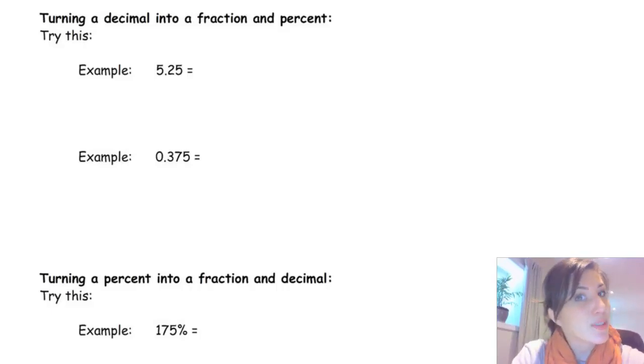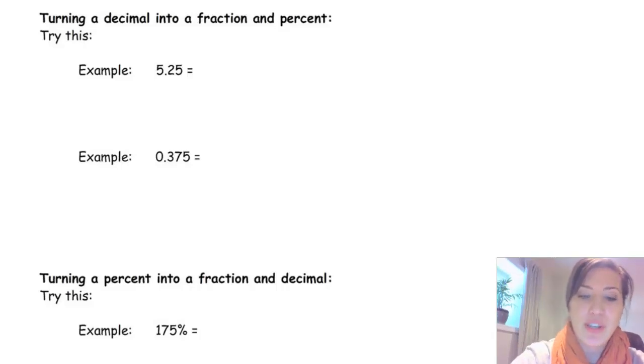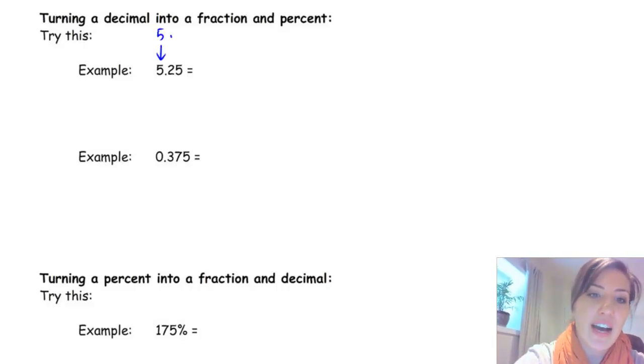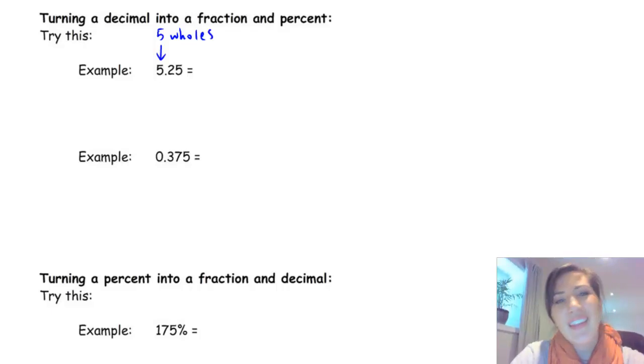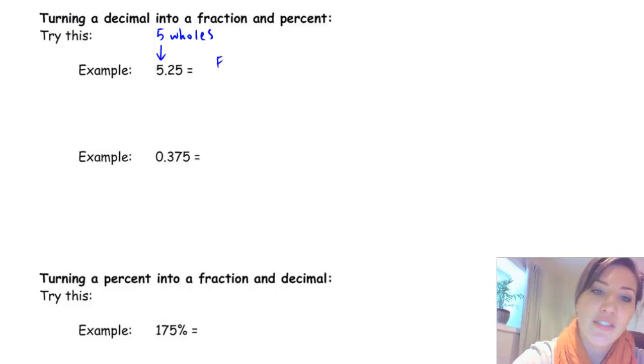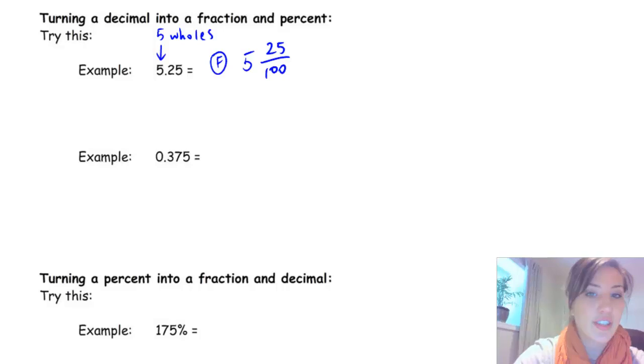Turning a decimal now into a fraction or a percent, we could take 5.25. This 5 means 5 wholes. So that's kind of like 5 100 grids plus then 25 squares out of the next 100 grid. So as a fraction, this would be 5 wholes and 25 out of the 100 squares colored.